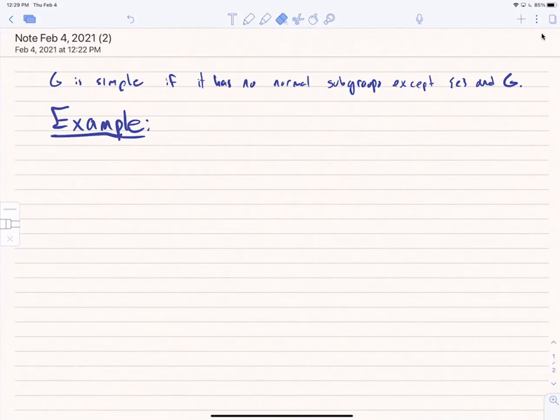So the trivial group is an example, good. At least by the definition I wrote, that's definitely an example. Usually we wouldn't treat the trivial group as a simple group, just like we don't treat one as a prime number, but by the definition I wrote, it satisfies that. Okay, what's another example?